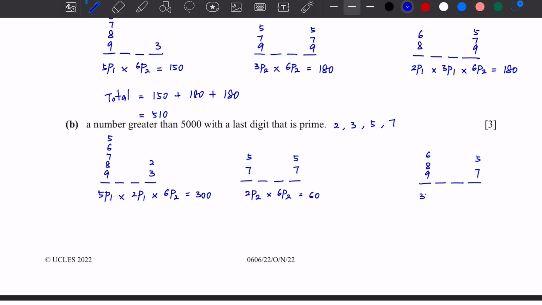So we have 3P1. And we choose from 2 numbers for the last slot, which is 2P1. And lastly, for the middle numbers, we have 6P2 as well. And this would give us 180. So in total, we add them up together, 300 plus 60 plus 180, and we would end up getting 540.